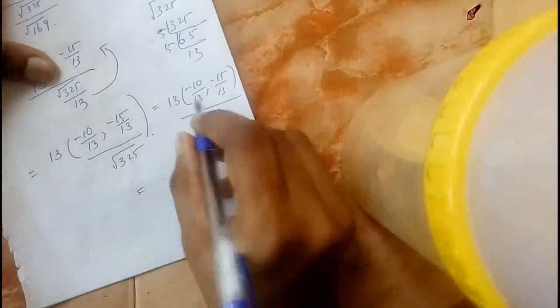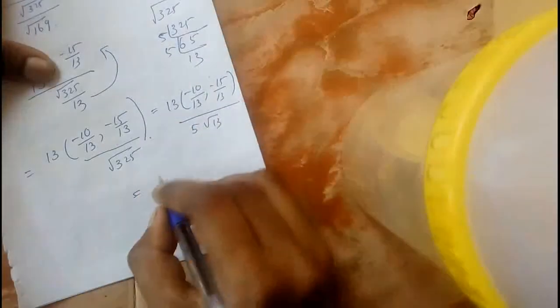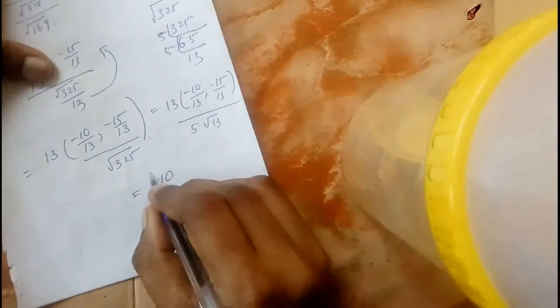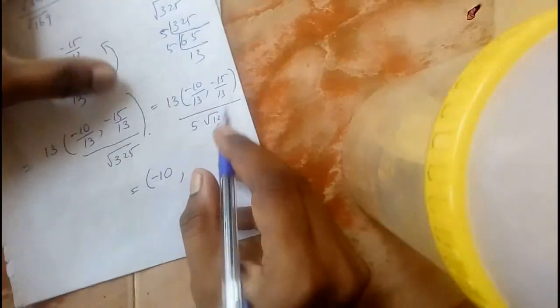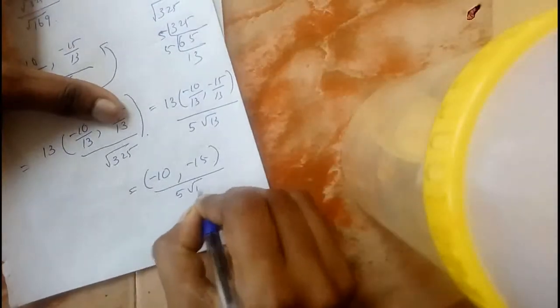Taking 13 inside, we get (-10, -15) divided by 5 root 13.